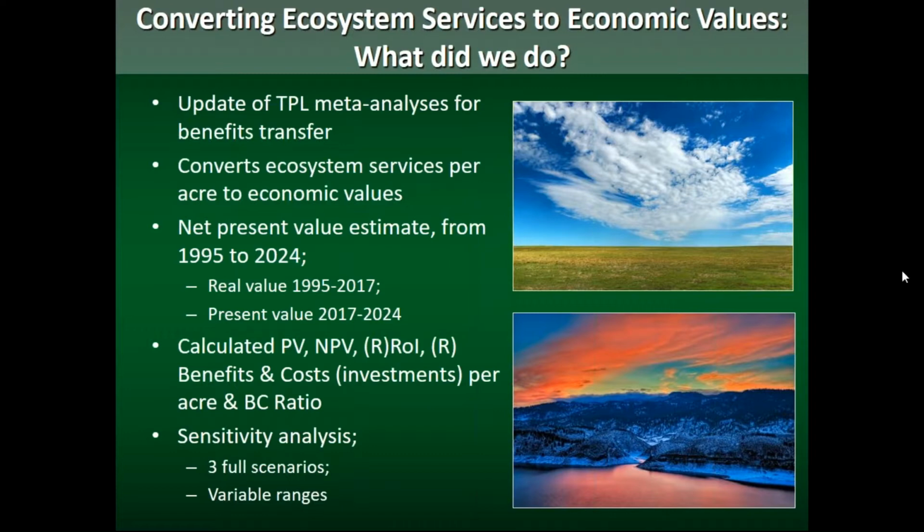We did a sensitivity analysis like we do with the BIOFIN methodology, basically around a low, medium, and high value calculation. And we varied the ranges around the per ecosystem service values based on what we found in the literature. Next, please.